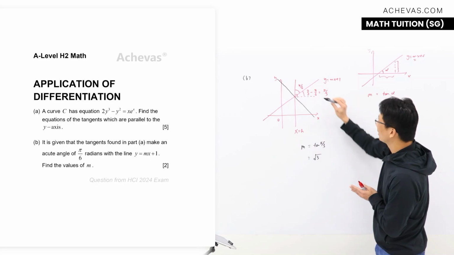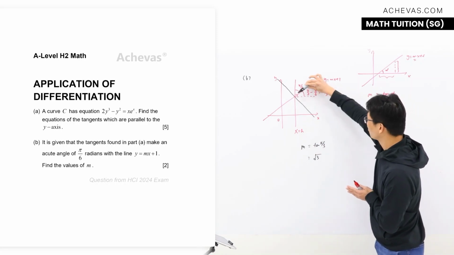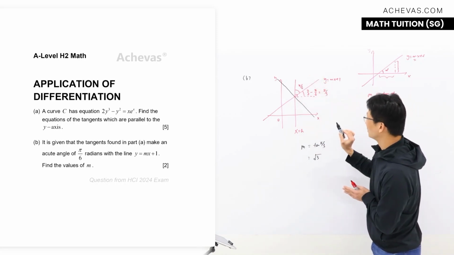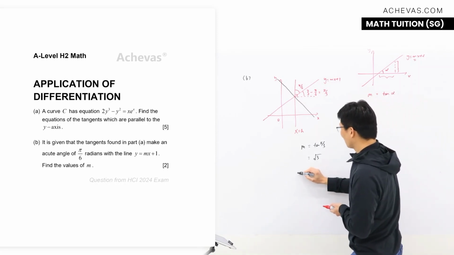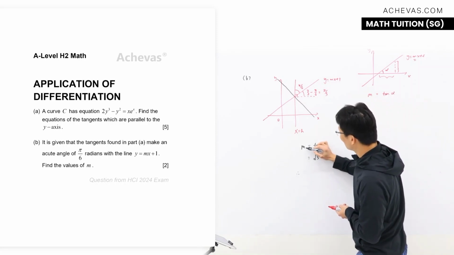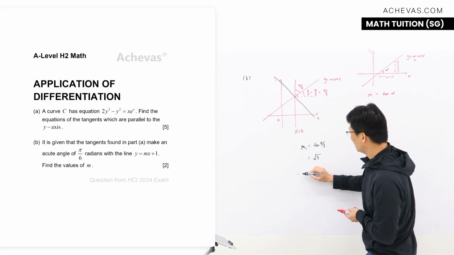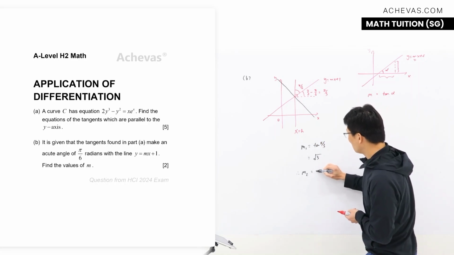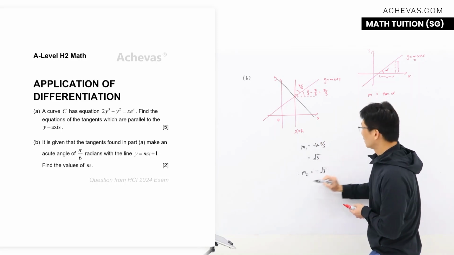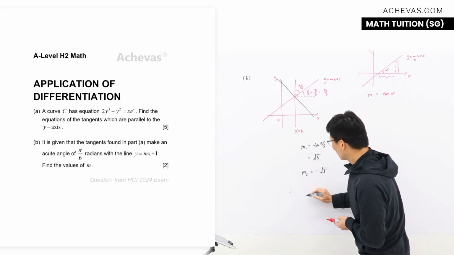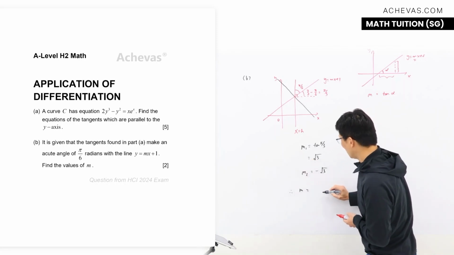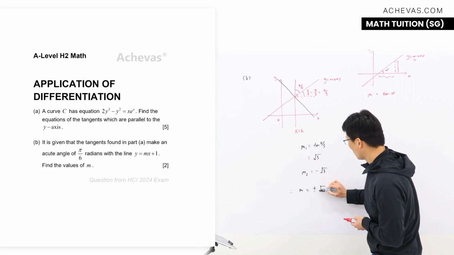And since the gradient of this line is square root 3, the gradient of this line will just simply be minus square root 3. So maybe I can just call this m1 equal to square root 3, m2 equal to minus square root 3. Therefore, let's do our conclusion. Therefore, m should be equal to plus and minus square root 3.